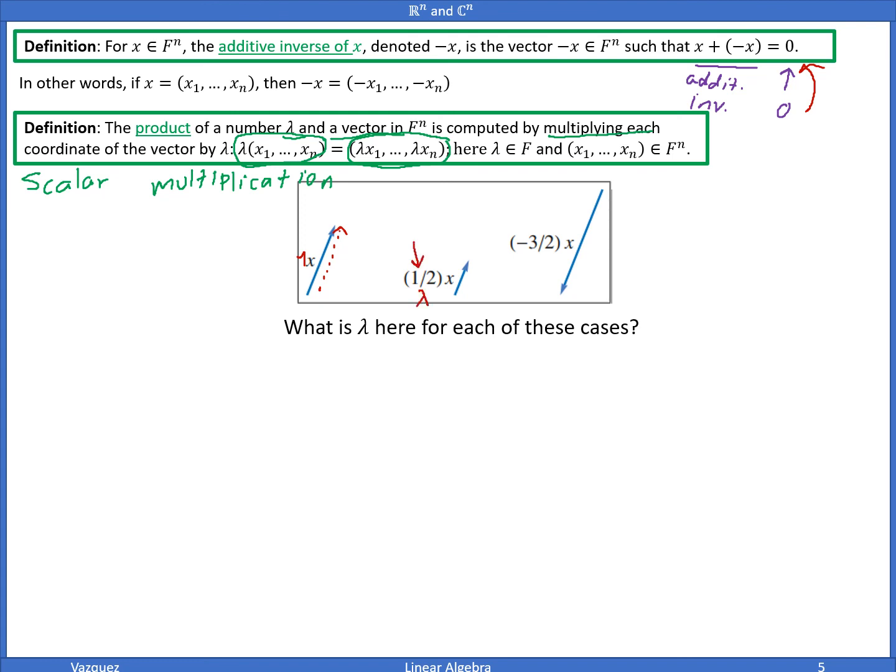So here it's lambda times our vector x, and lambda is 1/2. Over here, lambda is equal to -3/2. Notice how now it's looking in the opposite direction because we have a negative. It stretched it by a factor of 1.5 and turned it in the opposite direction because lambda was negative. And that's all there is, for now, for scalar multiplication.